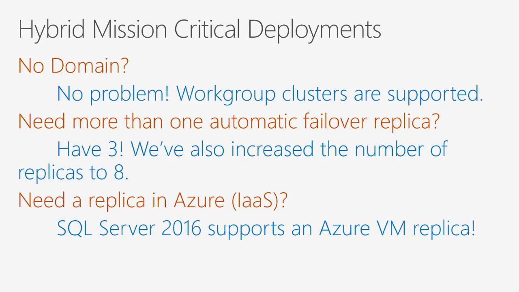Dandy had a much prettier slide of this, but it was the ability to have your replicas and then have one in Azure. So if you did have a true DR scenario where you lost your data center or data centers, you would be able to flip over to the Azure replica.